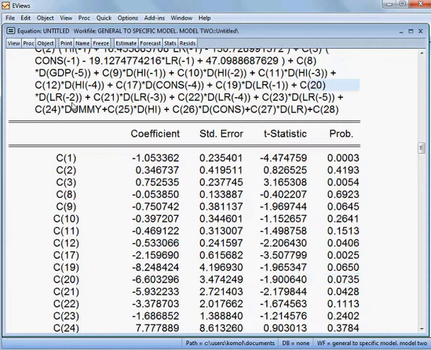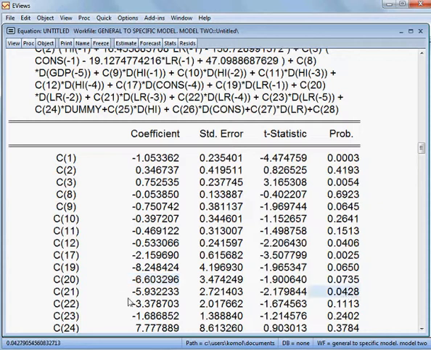C20 this one. Okay. Also the same thing, the lending rate, C20 lending rate, it is significant and plus the sign is negative, so we are happy about it, right?